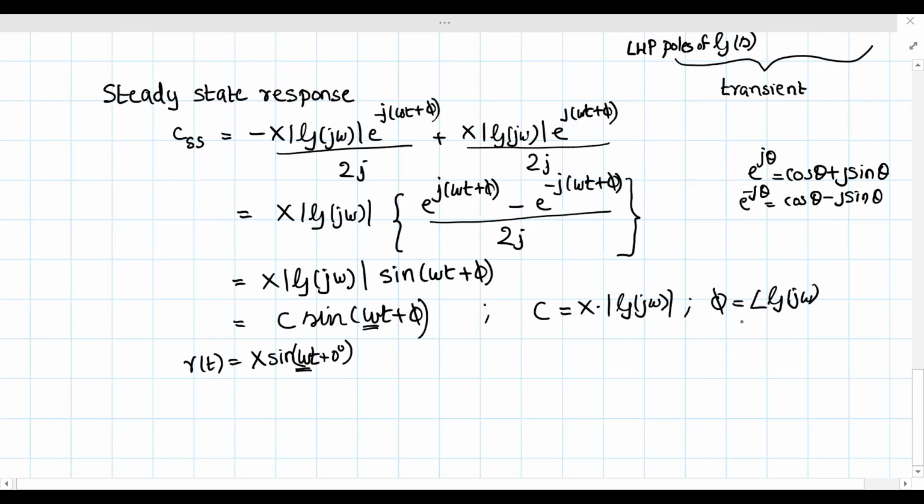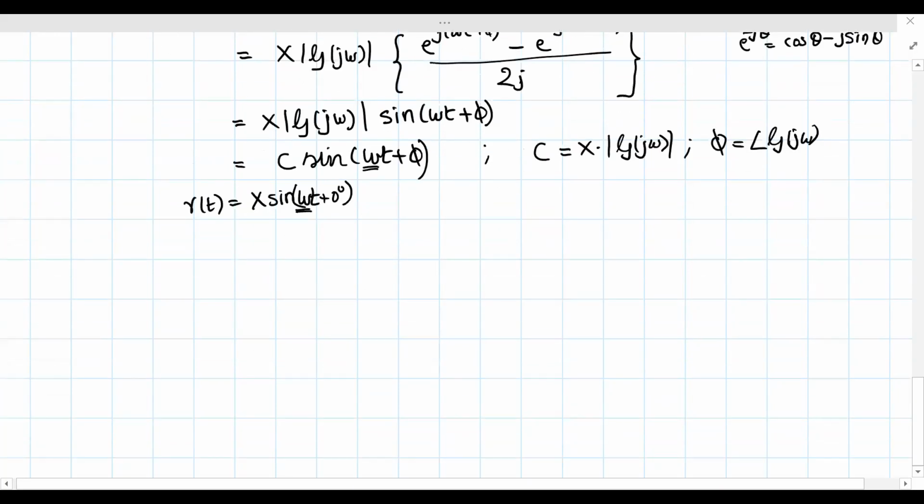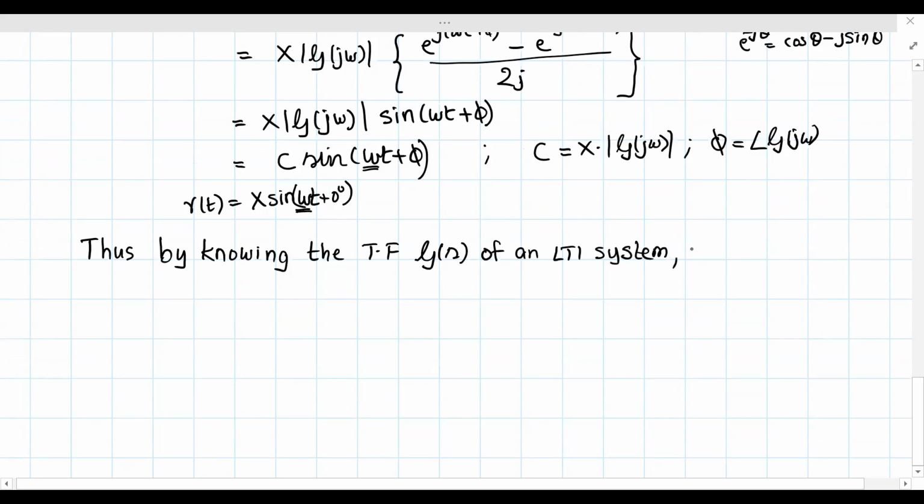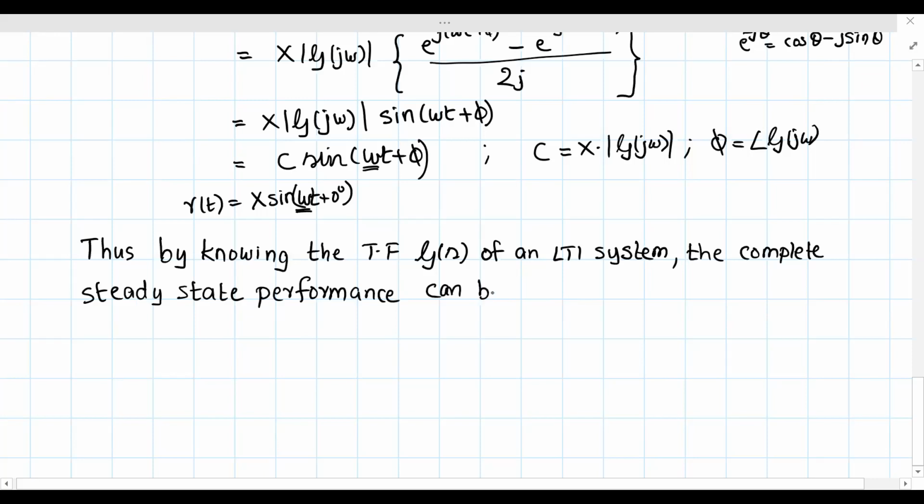Okay, so that means, thus by knowing the transfer function G(s) of an LTI system, the complete steady state performance can be obtained for a sinusoidal input.